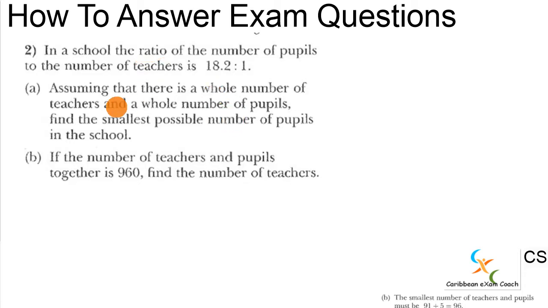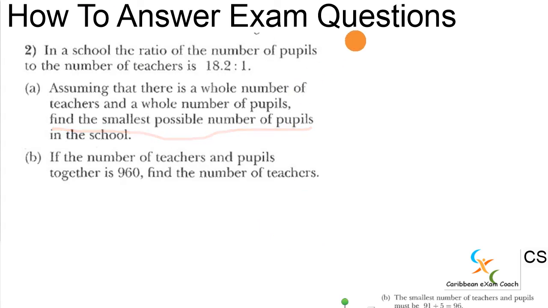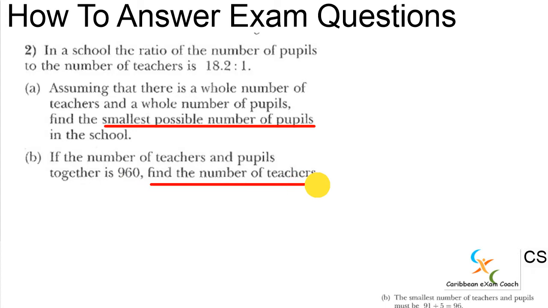Now, you are asked to find the smallest possible number of pupils. So let's get a straight line. Smallest possible number of pupils in the school. If the number of teachers and pupils together is 960, find the number of teachers.